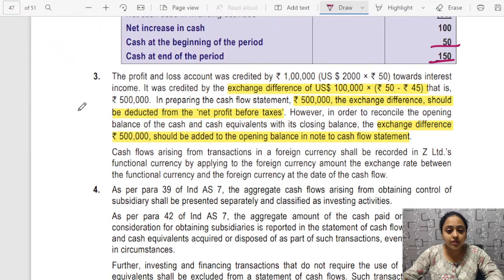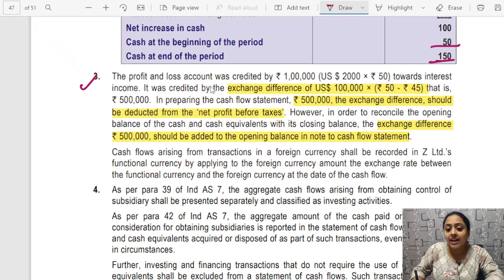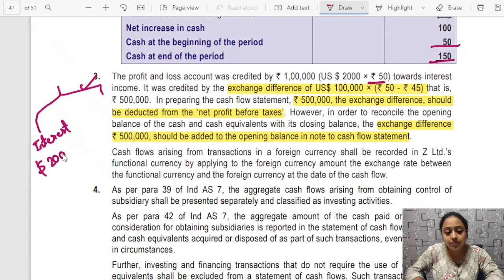Question number 3. The profit and loss account was credited by $1 lakh, that is $2000 into rupees 50, towards interest income. So this is interest income, and the $2,000 interest is your profit.